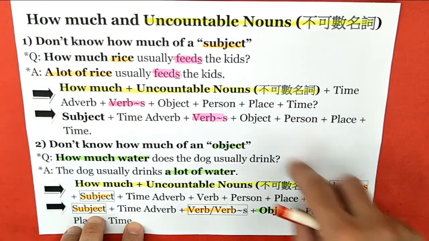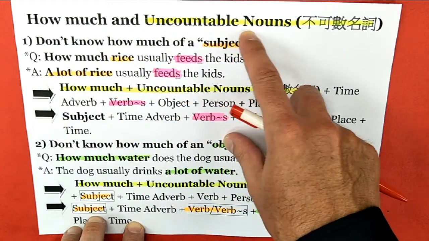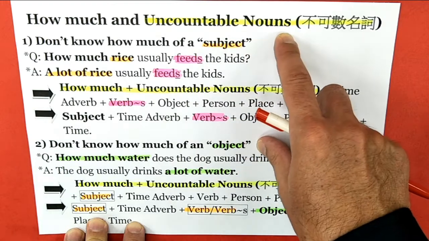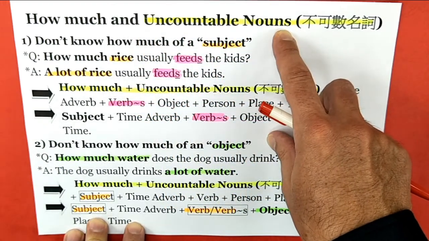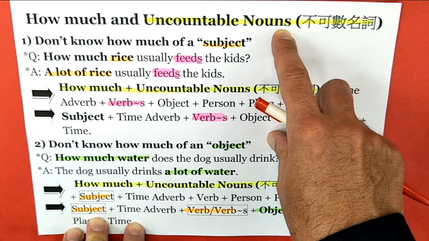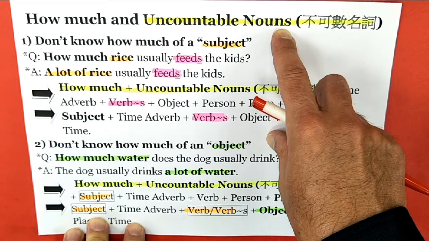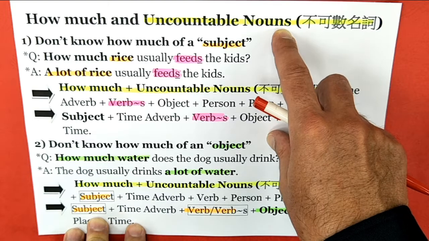Now, look at this. Oh, this is called how much and uncountable nouns. What is an uncountable noun? An uncountable noun is something you cannot count. Water. You cannot say 1 water, 2 waters, 3 waters.